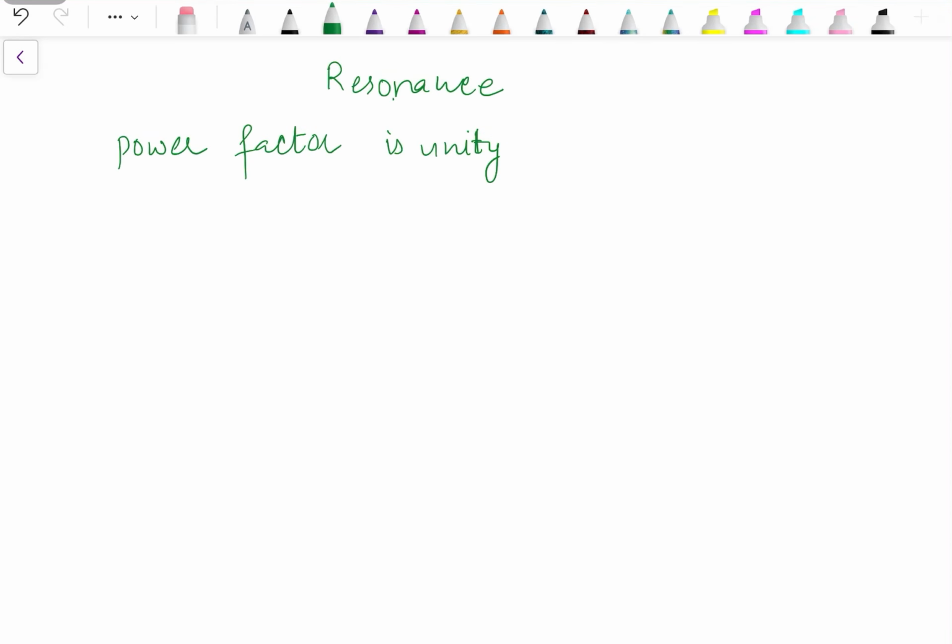So we can say the impedance is purely resistive, only then the power factor is unity, or the reactance of the circuit is 0. So this is what we can say: impedance is purely resistive and net reactance of the circuit is 0.